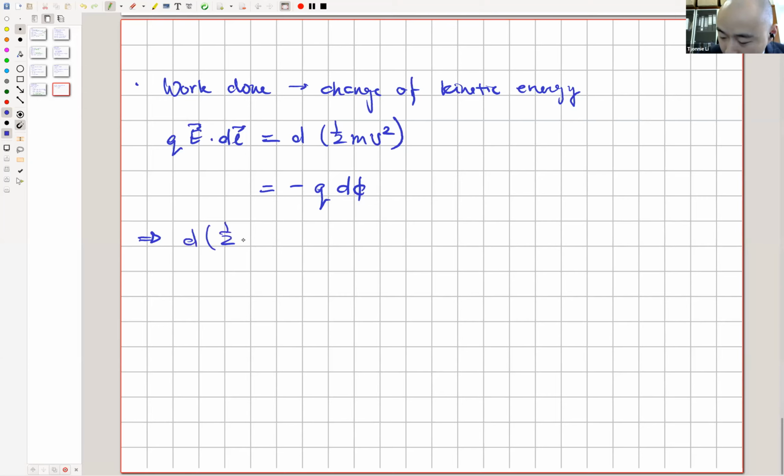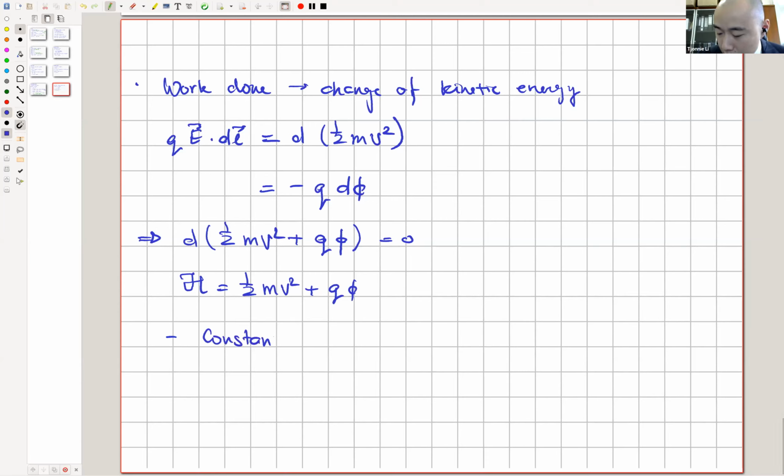So the change in half mv squared plus Q phi equals 0. And so the term inside the brackets, and I can give it some symbol, H, is just half mv squared plus Q phi, is a constant of motion, because the change of this is always equal to 0.